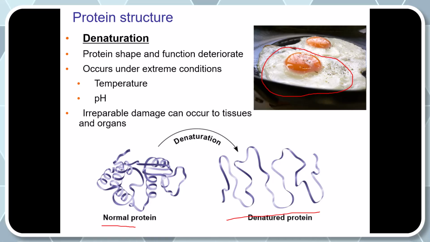You're going to put the liquid eggs into your cake mix, and then when you bake your cake, the proteins will denature that way too, but it'll denature in the way you want it to in a cake, rather than having clumpy fried egg chunks in your cake mix. So denaturation can be problematic because when the protein's structure deteriorates, its function deteriorates, and so this can be damaging to tissues and organs.